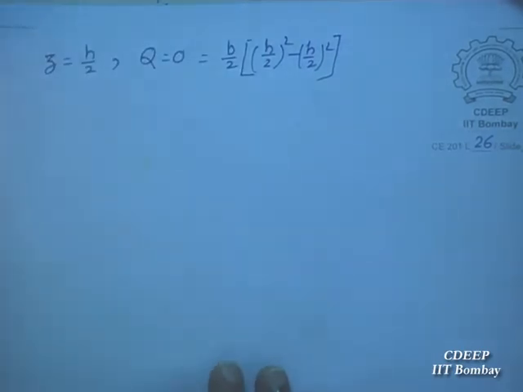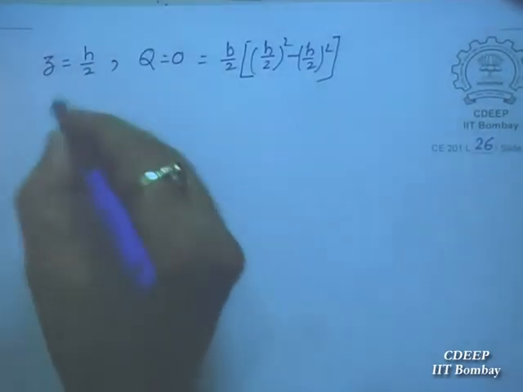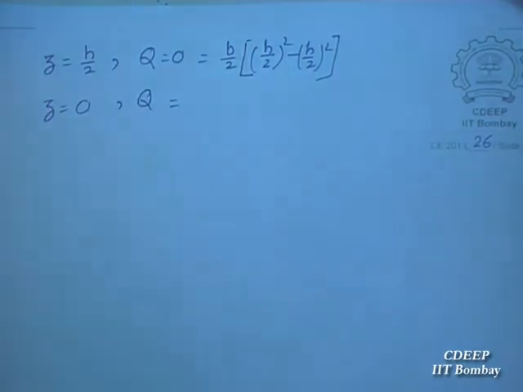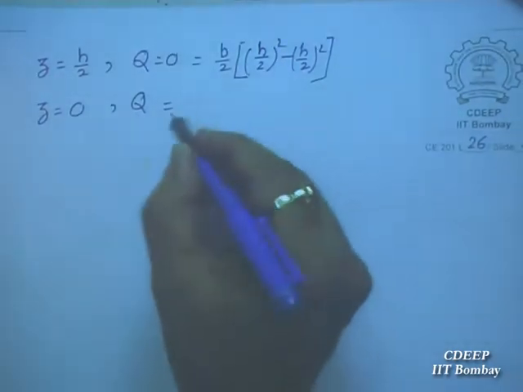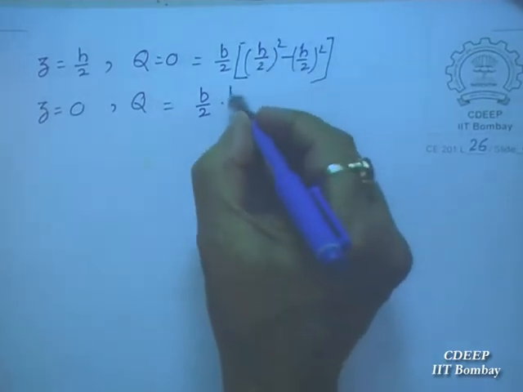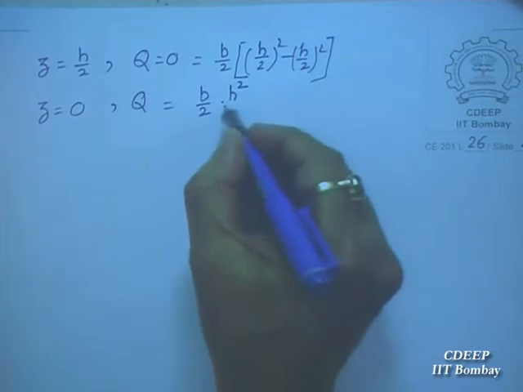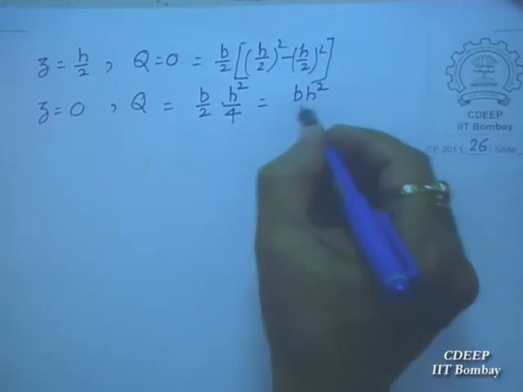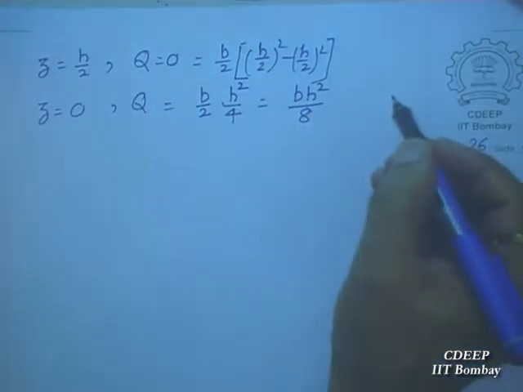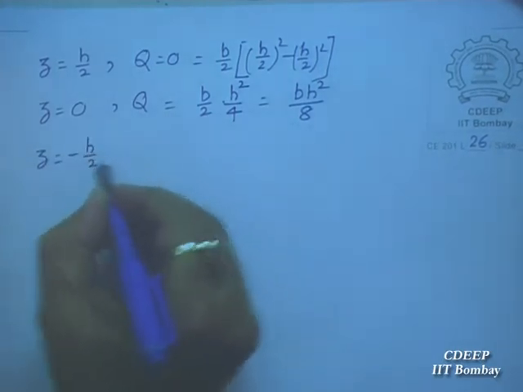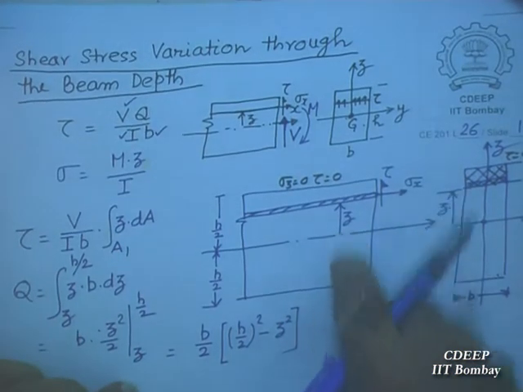When z is equal to 0, Q is equal to b by 2 into h square by 4. So b h square by 8. When z equal to minus h by 2, means at the bottom, now we are coming down.